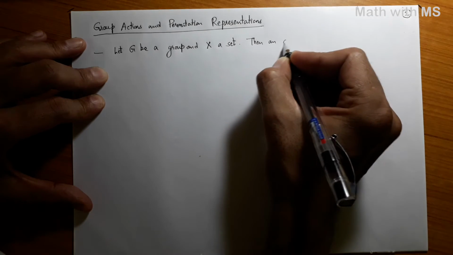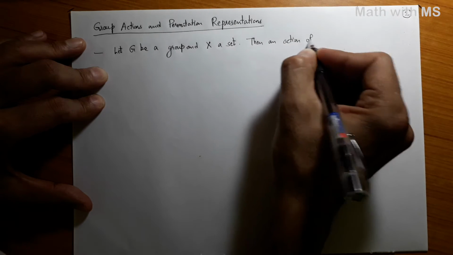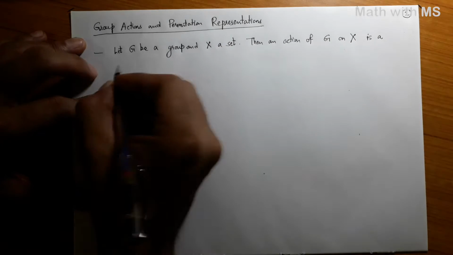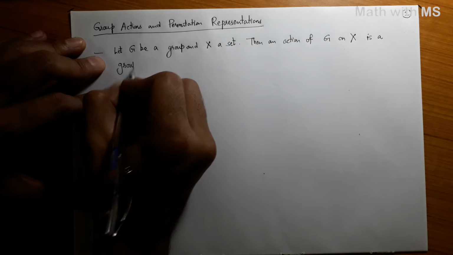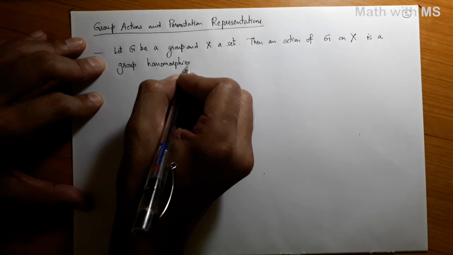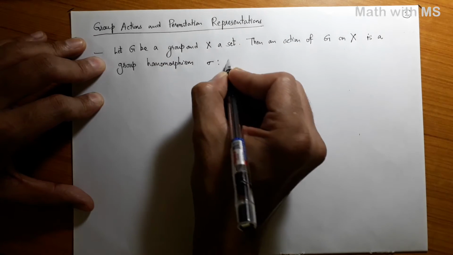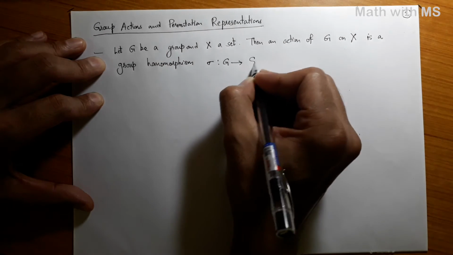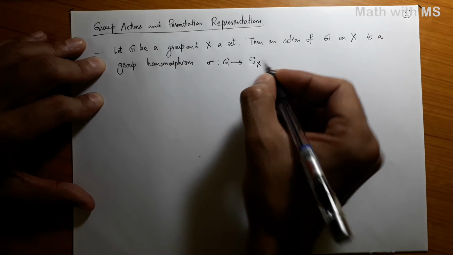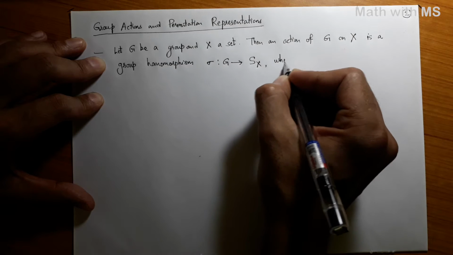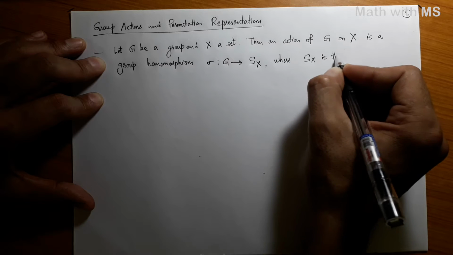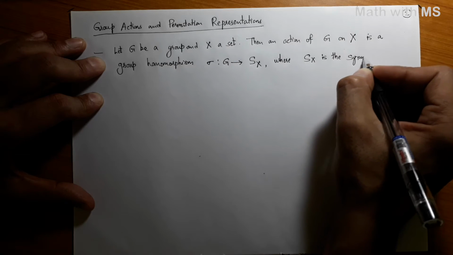Then an action of G on X is a group homomorphism sigma from G to S_X, where S_X is the group of all bijections of X. S_X is the symmetric group on the set X.